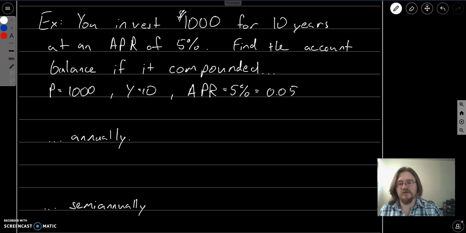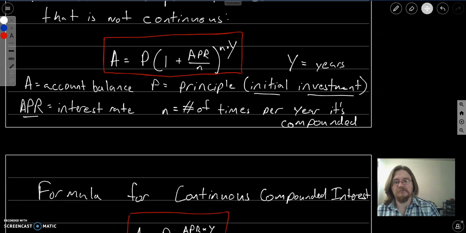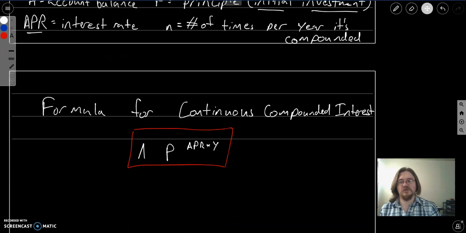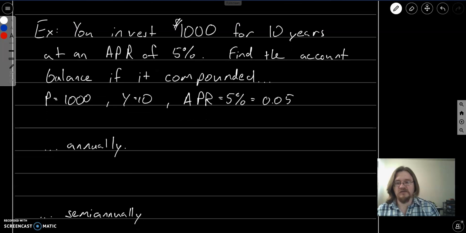So we have all the numbers that we need for our formula, except for n, and n is how many times a year it is going to be compounded. So let's look at this first one. If we compound interest annually, how many times a year are we compounding interest? Well, annually means once a year. So here n is just going to be equal to 1.